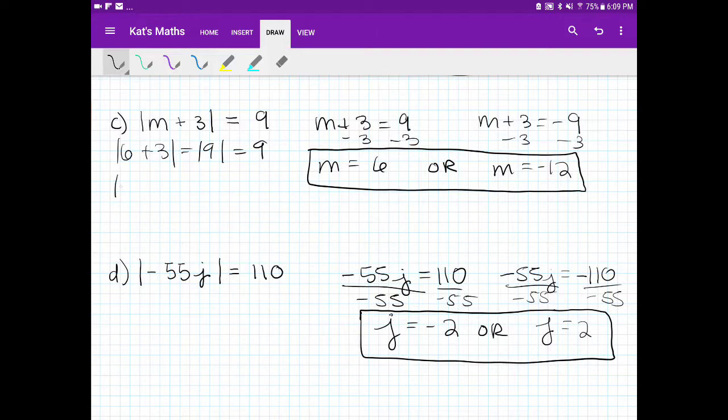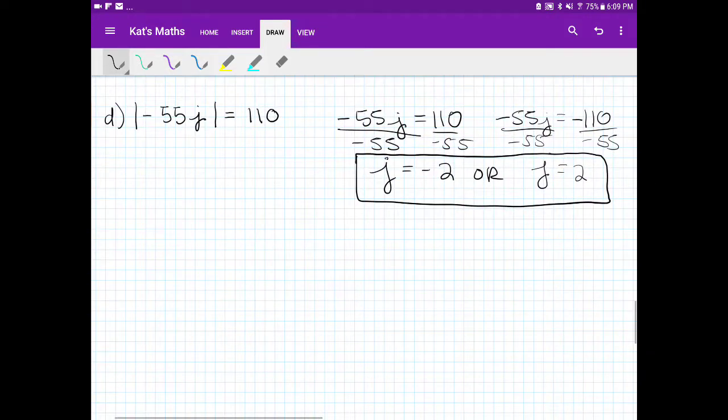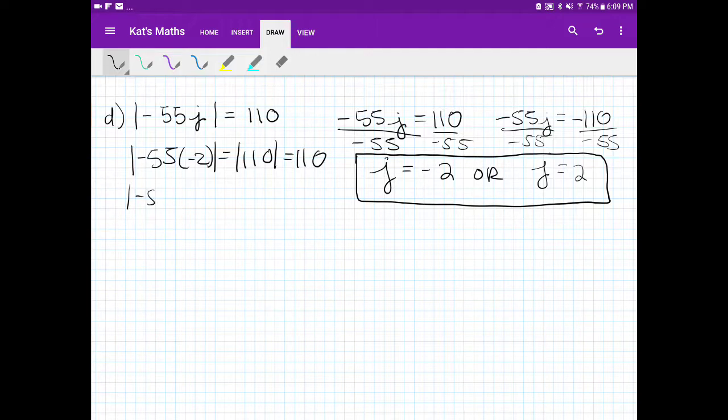And we have negative 12 plus 3 equals the absolute value of negative 9, which is again just 9. Negative 55 times negative 2 equals positive 110. And negative 55 times positive 2 is equal to negative 110, which is 110.